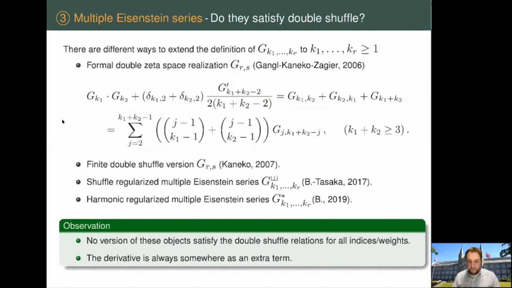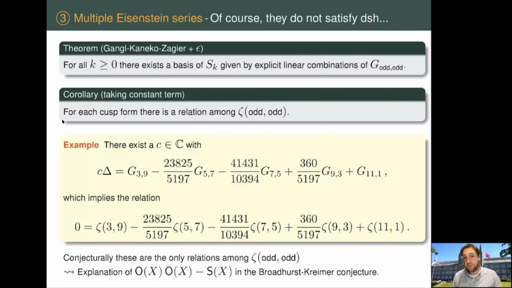But now it also makes sense that, of course, these Eisenstein series satisfy fewer relations, because one can show the following, which is almost by Gangl, Kaneko and Zagier. The statement is a little bit different in the paper, but with some work, one can show that there exists an explicit basis of the space of cusp forms in each weight k, which is given by an explicit linear combination of G odd odd.